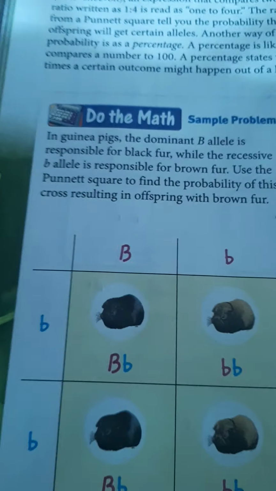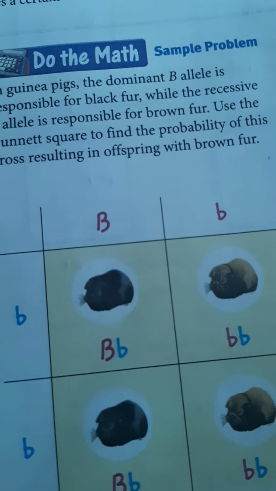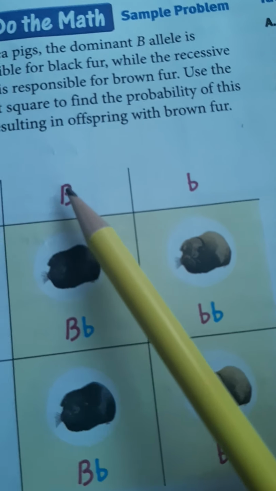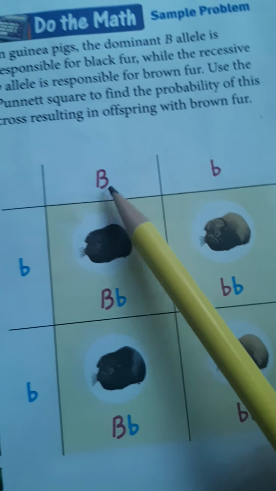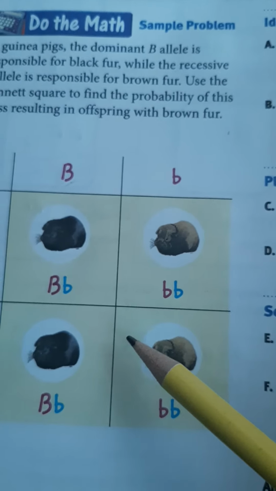In order to have black fur, you have to have a B capital. For brown fur, you need 2 B smalls because it's a recessive allele, so you have to have 2 recessive alleles. Now this is the result of the cross, right?